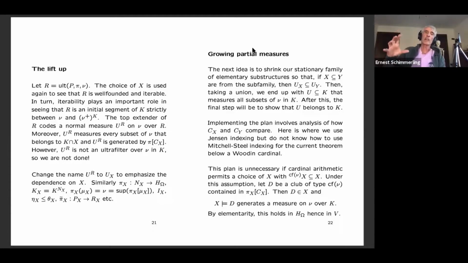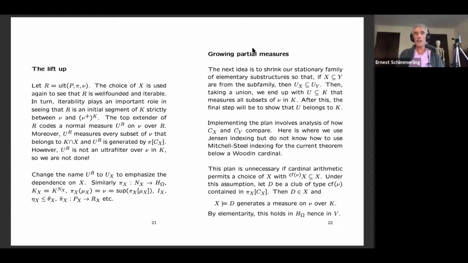It looks sort of like a weak compactness measure over some new sized family of subsets of nu that belong to K, but it's not a measure, and we're looking for a measure. And moreover, it's generated by the image of this set of tails of the critical points downstairs. So you move those up by pi, you look at that club set, and that generates the top extender of R.